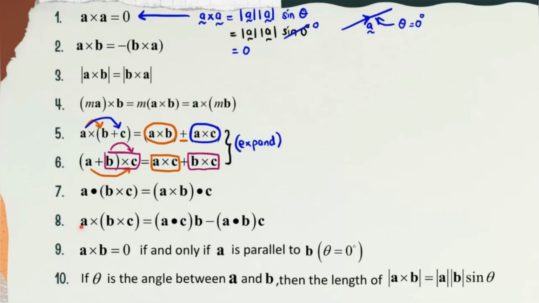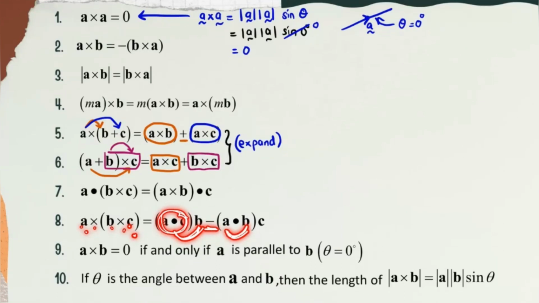Kalau kita ada A cross B cross C, dia akan jadi A dot dengan C. Lepas tu dia didarabkan, okay, A dot dengan C, kamu akan dapat constant. Constant tersebut dia akan directly darab dengan B. Dia akan tolak pula dengan A dot dengan B pula.